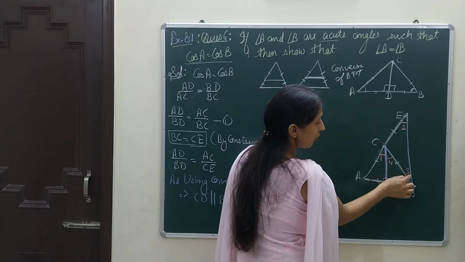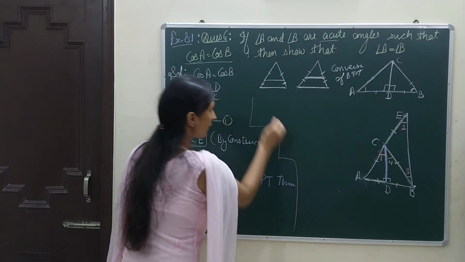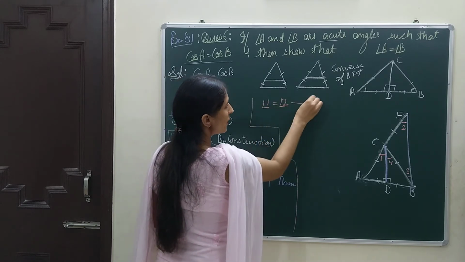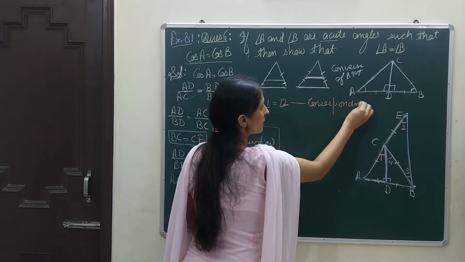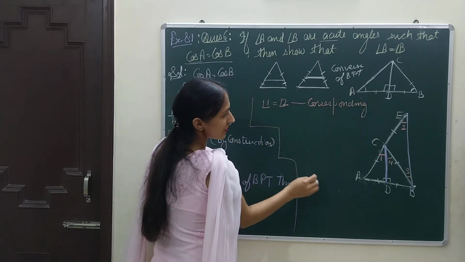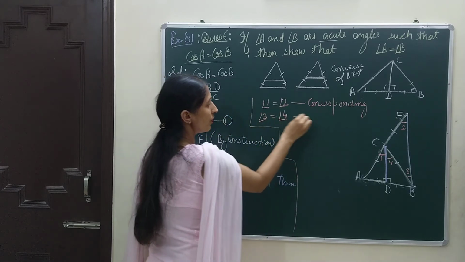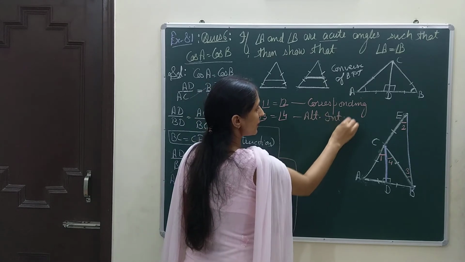That means these are alternate interior angles. So I will write here, first result, angle 1 is equal to angle 2 because these are corresponding angles. The second result, angle 3 is equal to angle 4 because these are alternate interior angles.